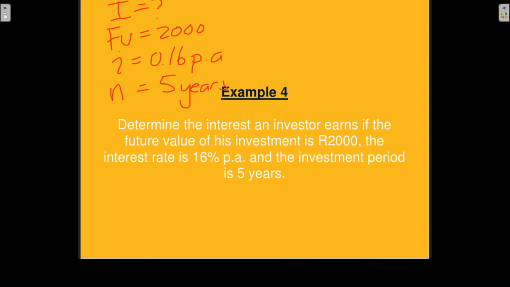So it's important that my interest rate and my n are both in terms of years. They are in the same unit. And we would like to find the interest. So to get to the interest, we first need to find the present value. Now, how do we get the present value? We start out with our basic formula for simple interest.